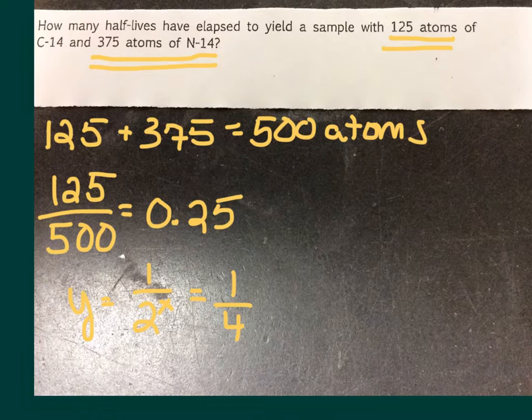Are you able to determine 2 to the x equals 4, what x would be? That's a simple one, right? You're like, easy. Okay. 2 to the x equals 4, what is x? So 2 half-lives have passed.